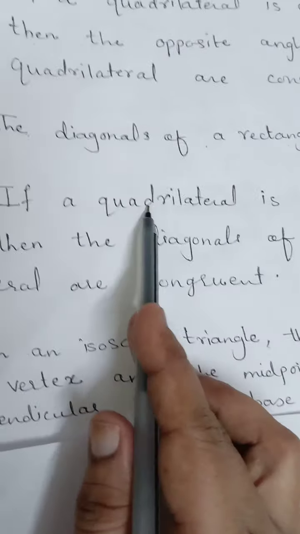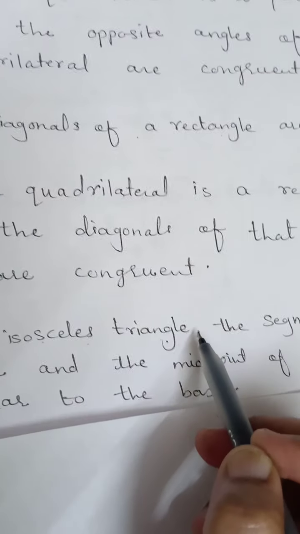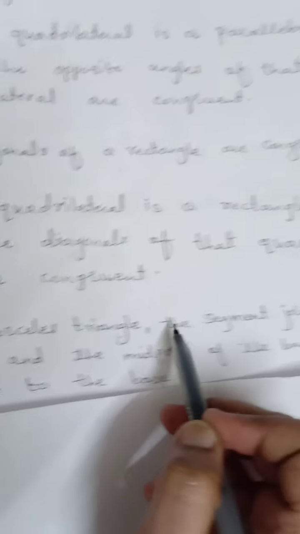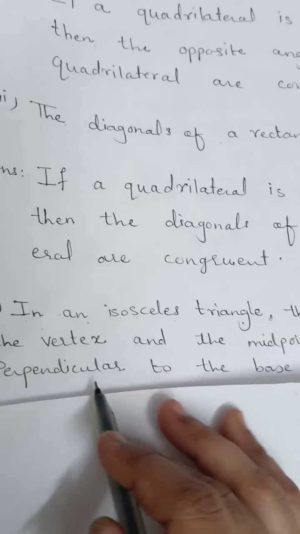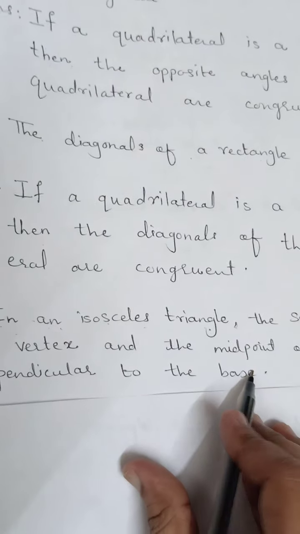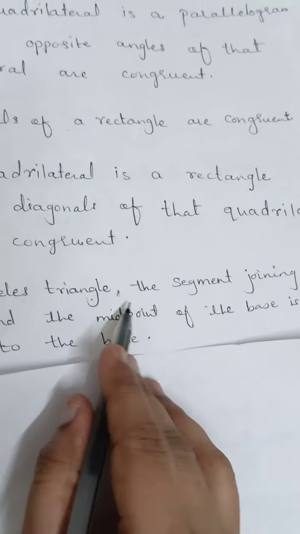If a triangle is an isosceles triangle, then in the place of this comma we will take then. The second statement will be the same: the segment joining the vertex and the midpoint of the base is perpendicular to the base. No change will be there in the second statement. Only in the place of this comma then will come, and the change will be in the first.